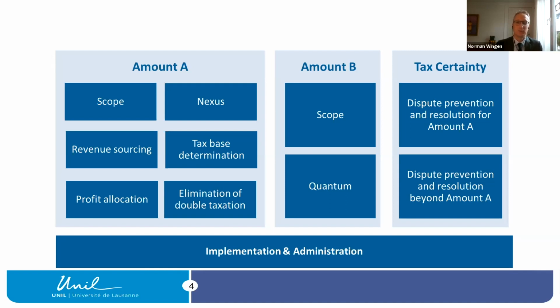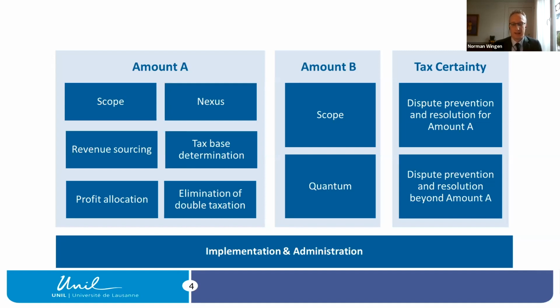In other words, it should be avoided that, if you assume an MNE group with two different business lines, one very profitable and one not that profitable, the very profitable business line is reallocating profits to markets where its own business line is actually not present or not active. That's the idea of the market connection test.